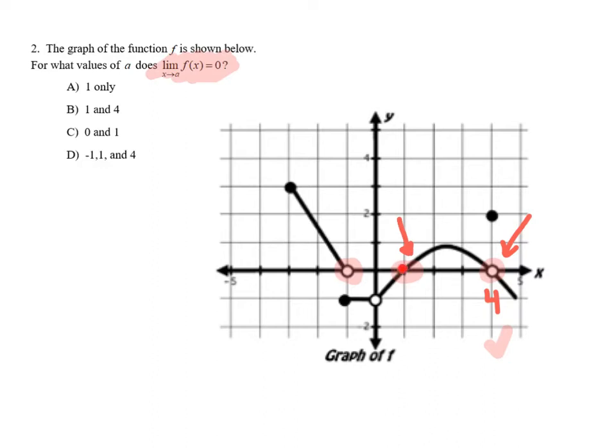I also see me coming in from the left and from the right, so the general limit would exist. The final one here, I am coming to 0, but you can see there's a jump discontinuity here, and so I do not like that. So my answers are going to be 1 and 4, and that is where I see the general limit as x approaches a, where the limit equals 0.